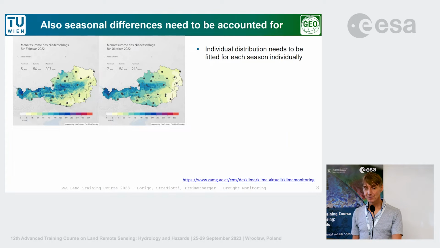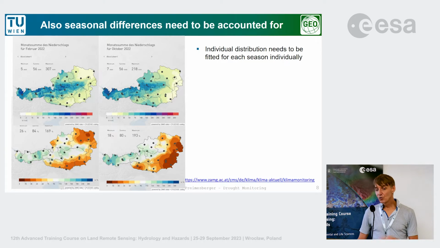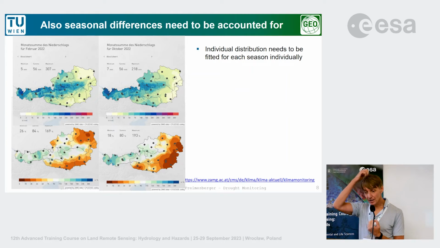The amount of rainfall is almost the same. But if you look at the drought pattern, the anomaly, it's very different, because in different months there's a different expected or mean amount of precipitation. For example, in the east, for the same amount of precipitation, the surface is much drier than usual in October than in February.